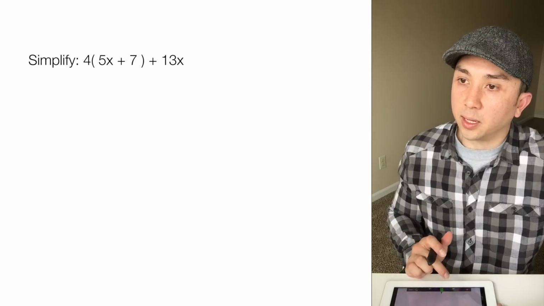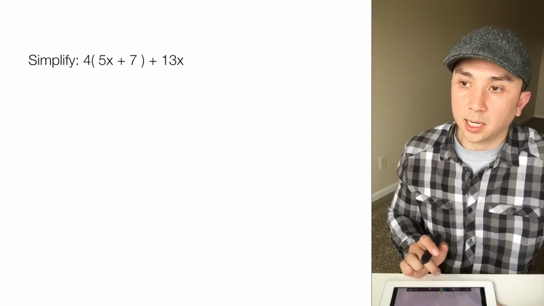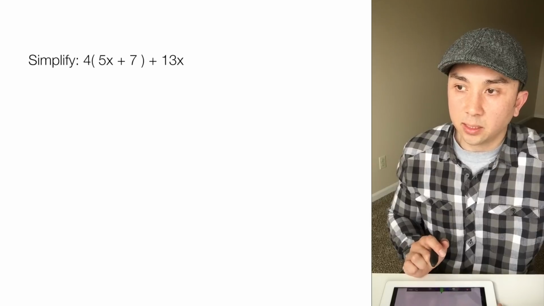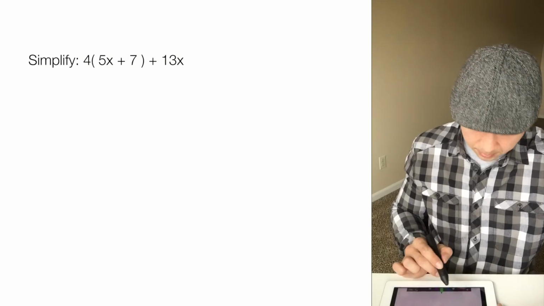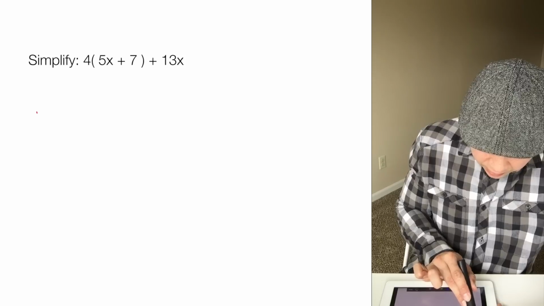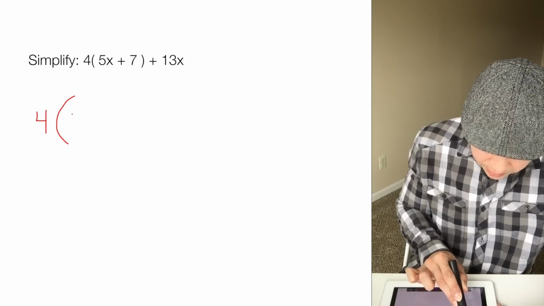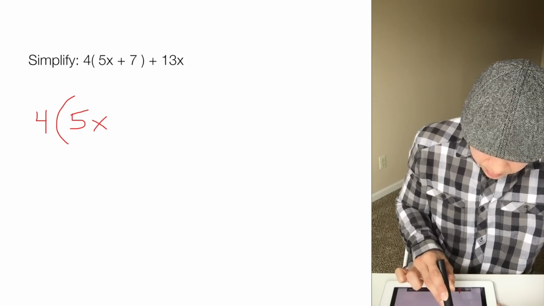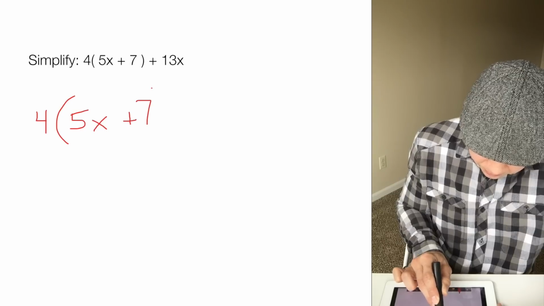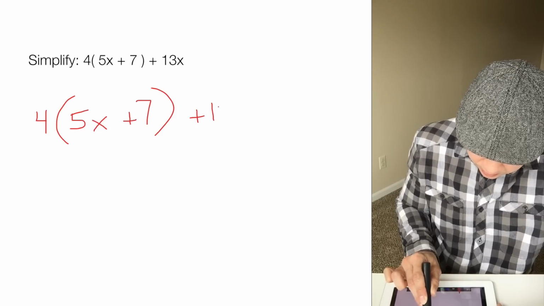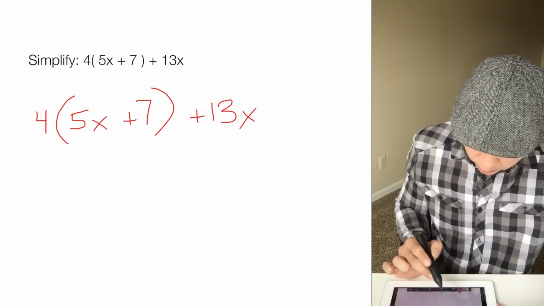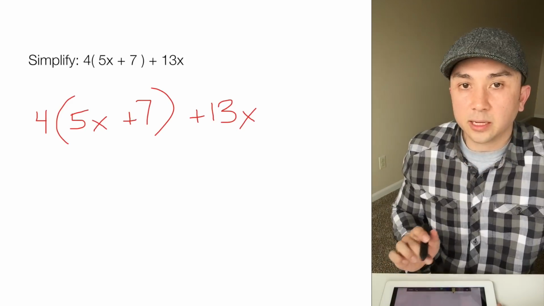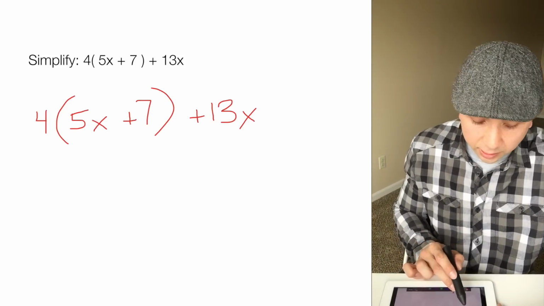So let's simplify 4 times 5x plus 7 plus 13x. So the first thing we're going to do is use the distributive property to remove the parentheses.